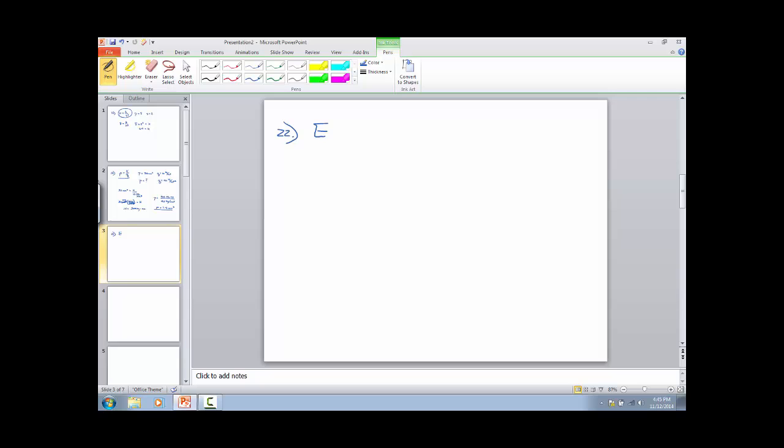E, which stands for the intensity of illumination, is produced by a source of light that varies inversely as the square of the distance. So that would be d squared. So there's our equation from problem 6.